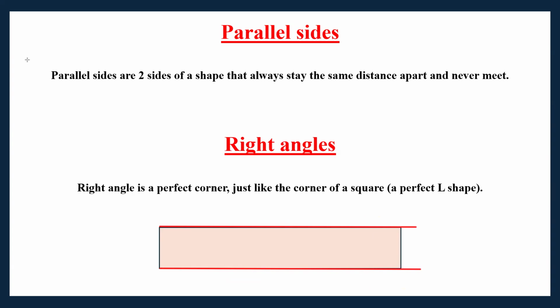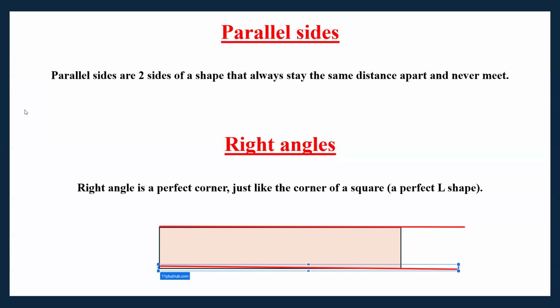In other words, I could continue to draw this line here forever and ever and ever, and this line here forever and ever and ever, and guess what? They're never going to meet. The distance between them is never going to change, okay? It's always going to maintain the same distance between those two sides. That's what we mean by parallel, okay?